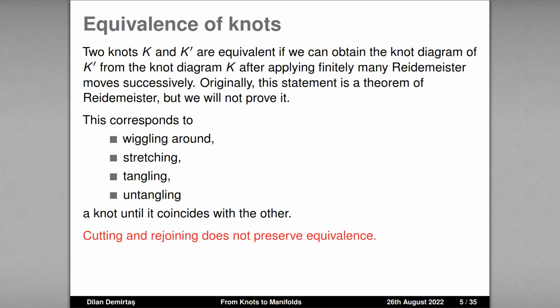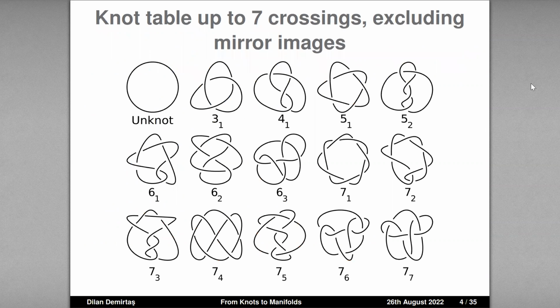Well, 2 knots K and K prime are equivalent if we can obtain the knot diagram of one from the other by a series of finite Reidemeister moves. This is actually a theorem of Reidemeister, but we are not going to prove it. This corresponds to wiggling around, stretching, tangling, and untangling knots until one coincides with the other. We note that cutting and rejoining does not preserve equivalence. For if that were the case, we could cut and rejoin all of these knots to get the unknot.